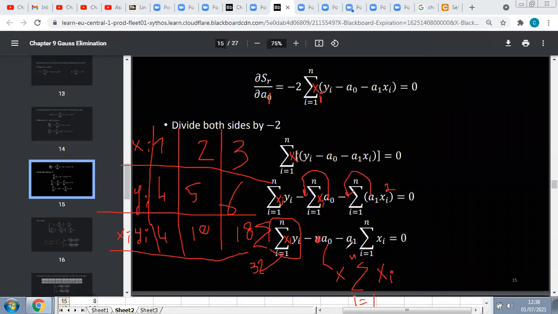So I have minus a1 times the summation from 1 to n of xi square. Now I should add a line to my table: xi square. For the first term I have 1, for the second term 2 square is 4, for the third term 3 square is 9. Now I do the summation: 1 plus 9 is 10, plus 4 is 14. I replace the sum of xi square by 14 and then I get my second equation.